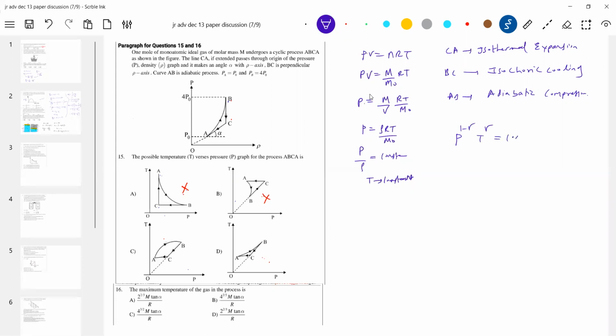Okay, this is the thing. So we'll differentiate this and plot the dT versus dP graph. How the slope will vary is what you have to check. Call this some alpha, and write it. Differentiating this with respect to pressure: gamma T to the power gamma minus 1 dT plus 1 minus gamma P to the power minus gamma dP equal to 0.